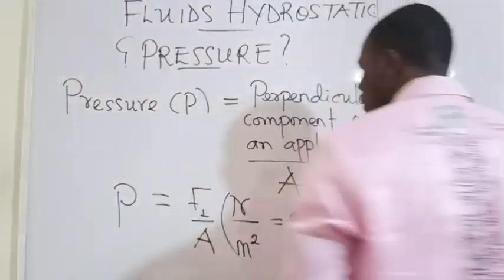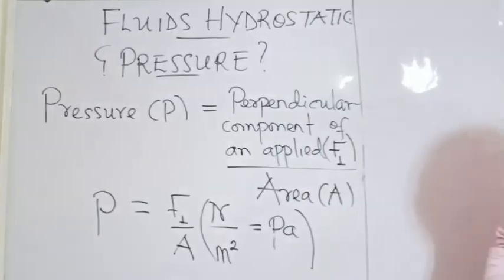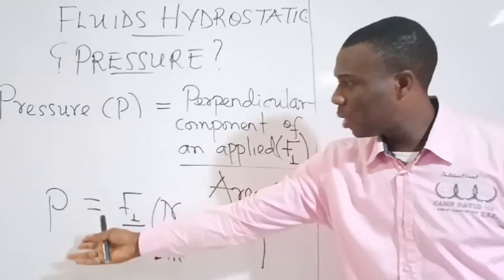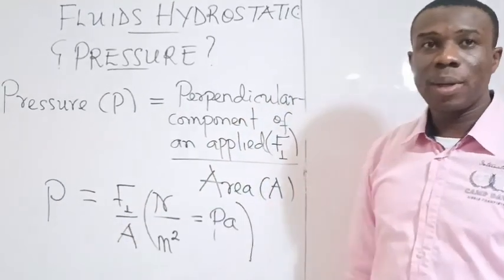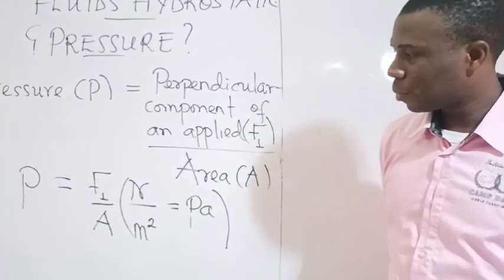All right, so let's move on. Now, from this relationship you see here, there are three quantities here. You have the pressure for one, you have the perpendicular component of the force you apply, then you have the given area.